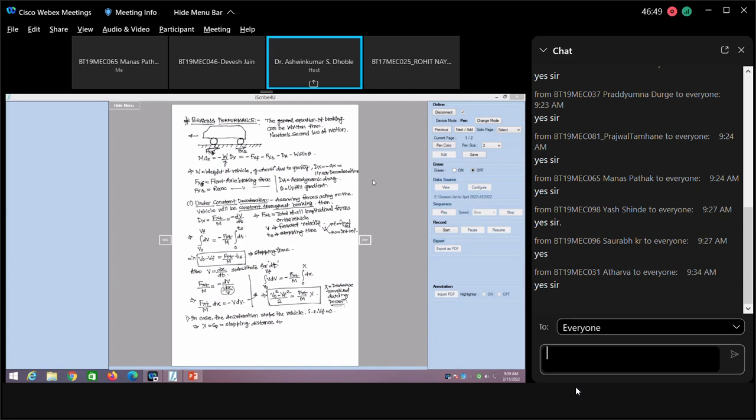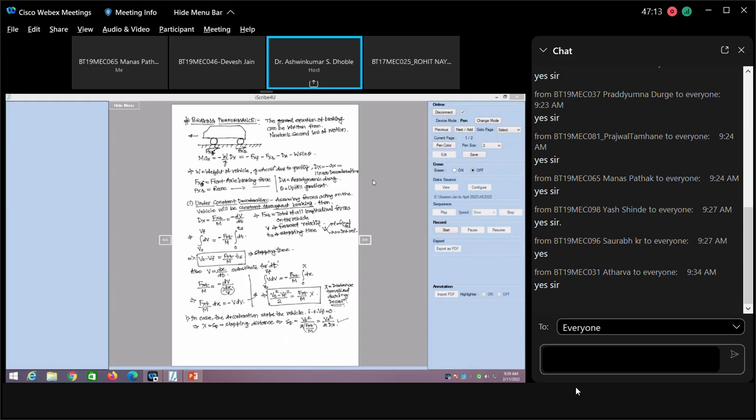So in that case your stopping distance comes out to be v0 square divided by 2 times Fxt by m, which is equal to v0 square divided by 2 times dx, where dx is the deceleration. So this is the expression.